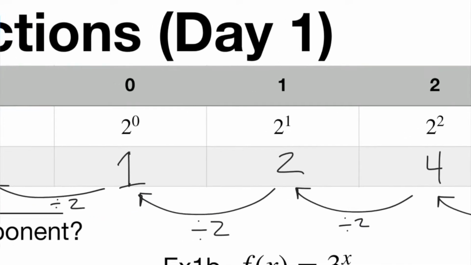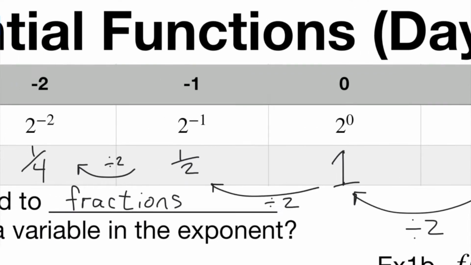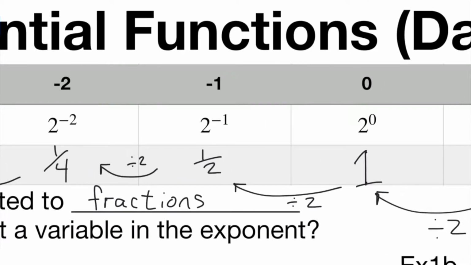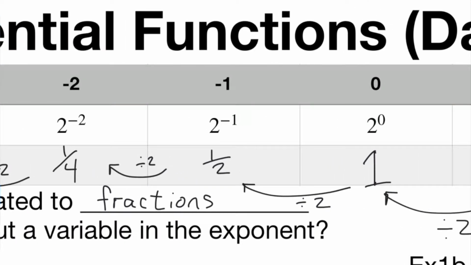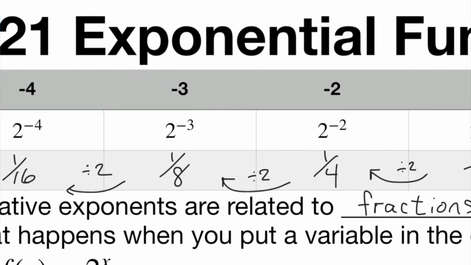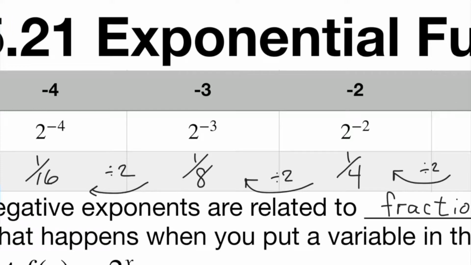And then if you want to look at negative exponents, you do the same thing. You just keep on dividing by 2. That's what the pattern indicates. Divide by 2, divide by 2, divide by 2 to get more and more negative exponents. So remember that 2 to the positive third was 8, while 2 to the negative third is 1 over 8. 2 to the positive 4 was 16, 2 to the negative 4 is now 1 over 16 because you keep on dividing by 2.